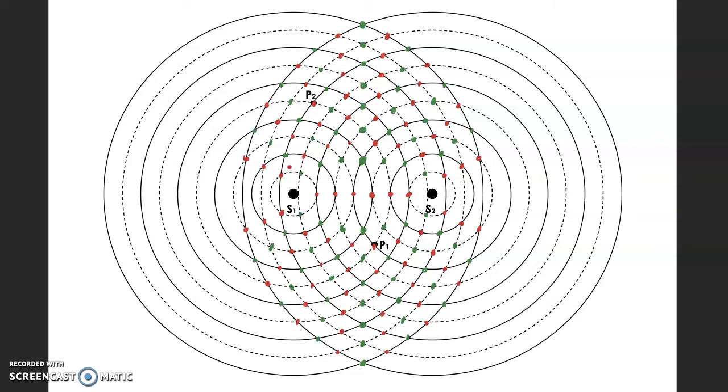So I want to draw some lines here because this is a pattern, but I want to make sure that you see where all the lines that we saw were, because we talked about antinodal lines and nodal lines. So if I can draw a straight line here, there's the central antinodal line. There's the next one.